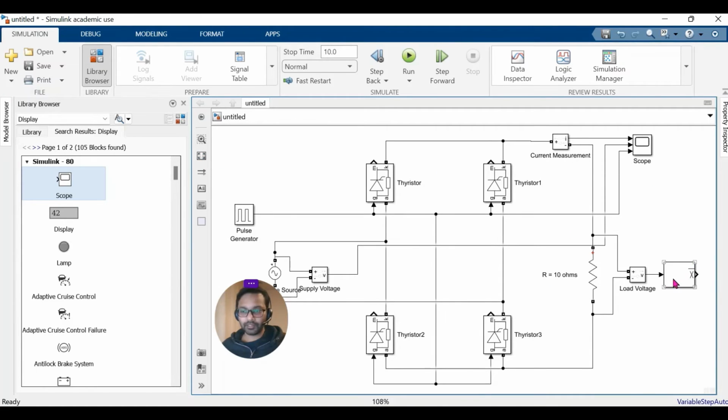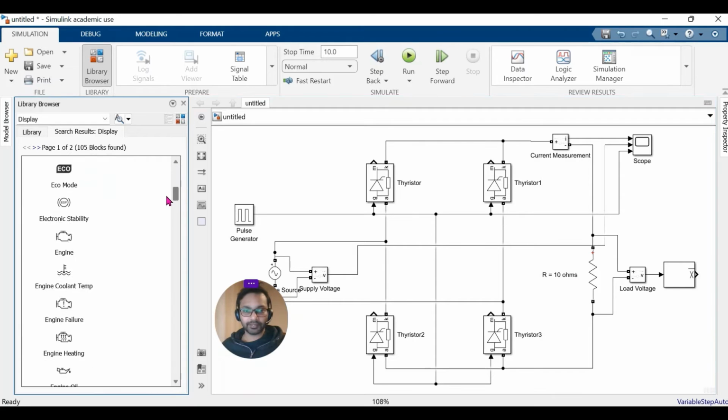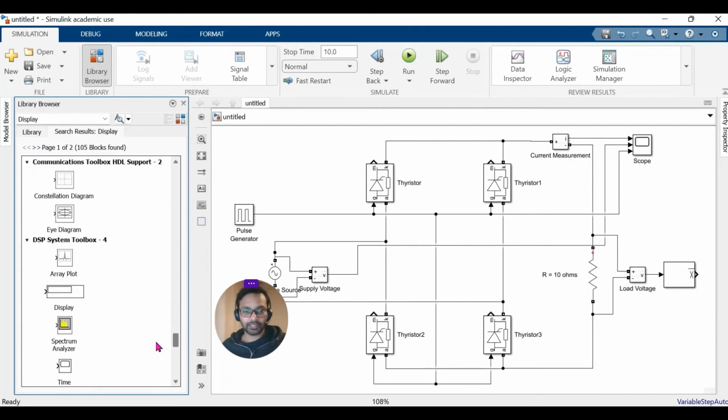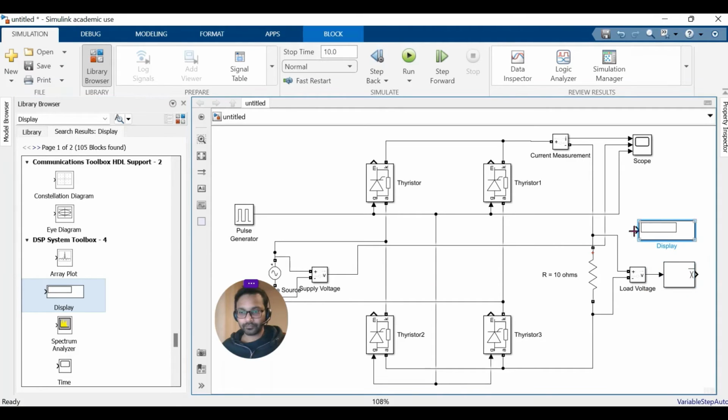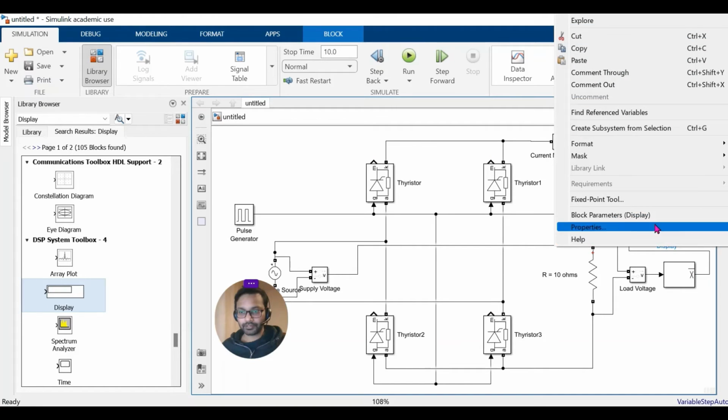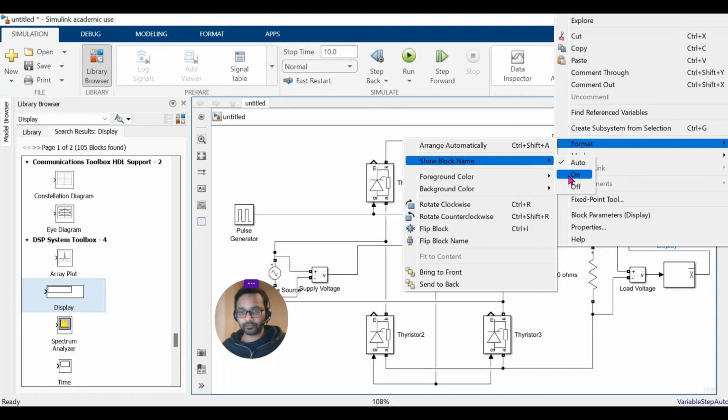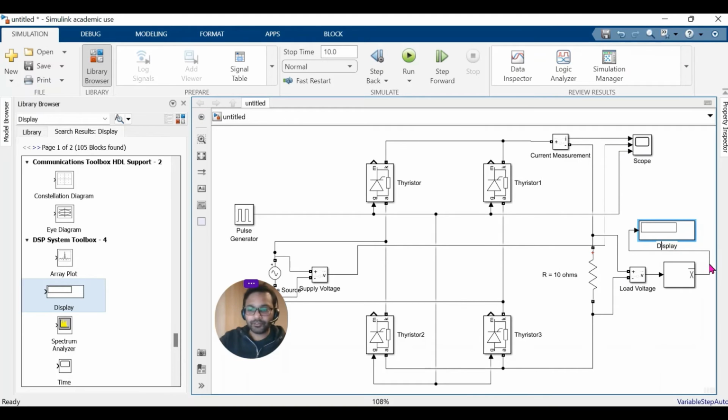Now I will need to display the average voltage as well. Okay, so let's search for the number display, and right, so this is my average or RMS, sorry, the mean voltage, mean or average voltage.